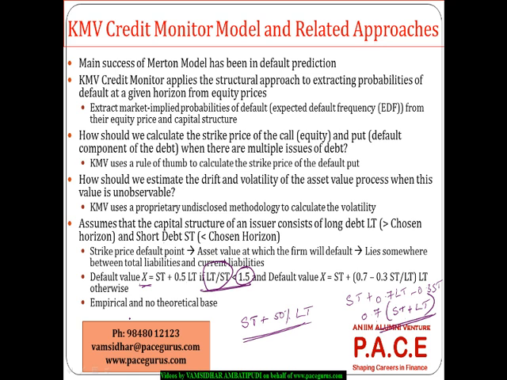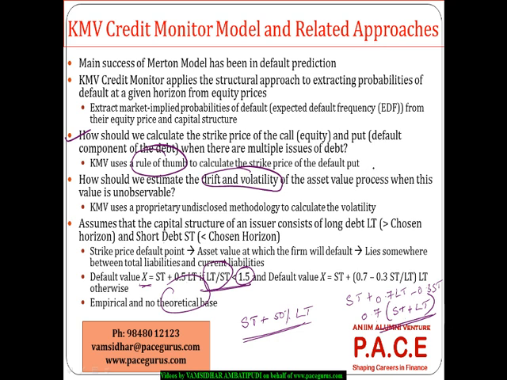Whereas if the LT to ST ratio is greater than 1.5, they have specified it as 70% of the total. Again, there is no theoretical base to it. It's purely empirical in nature. So they have used some kind of a rule of thumb to compute the strike price at the default point. Then another issue that they came out with is, how do I estimate the drift and volatility of the asset value?